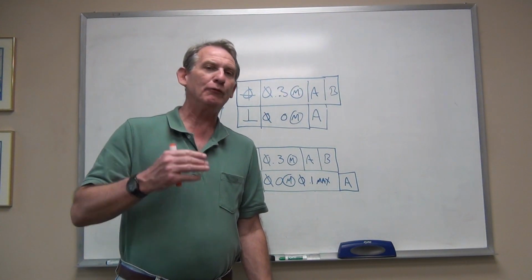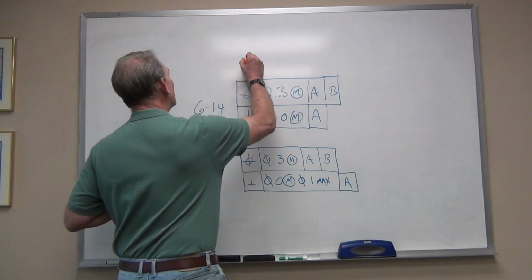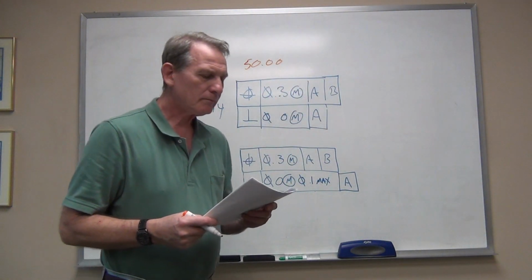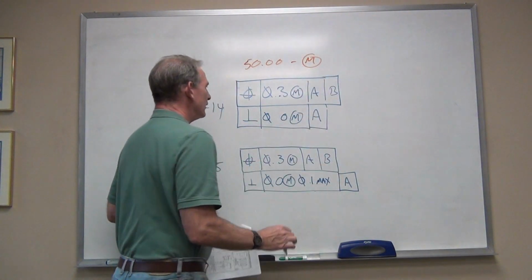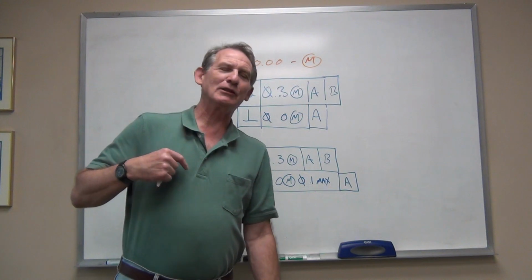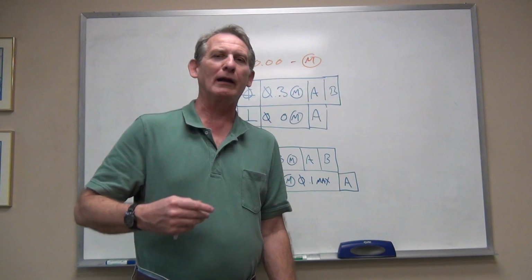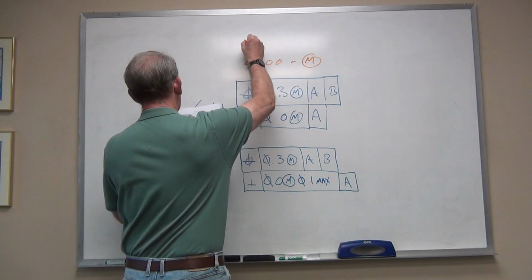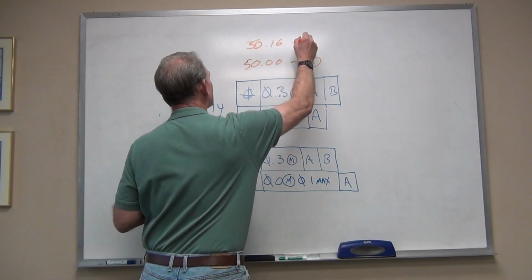In other words, if you are going to bore this hole at 50 millimeters, you get zero tolerance. What does that suggest to you? It suggests that you want to bore the hole up a little bit, and you can bore it up all the way to 50.16.